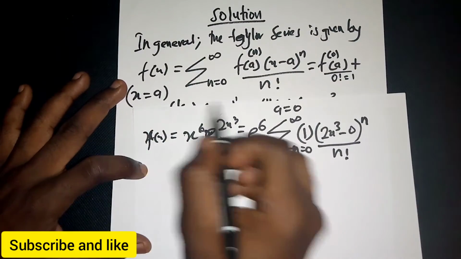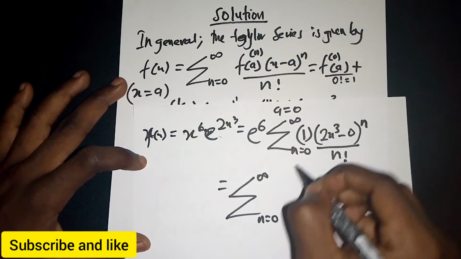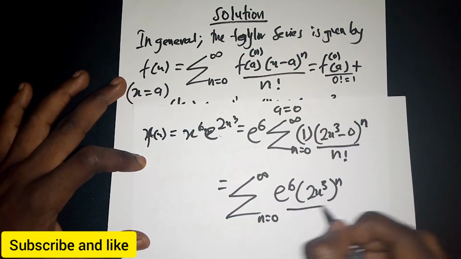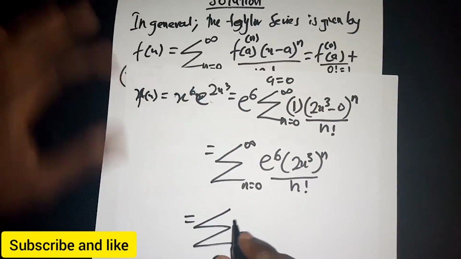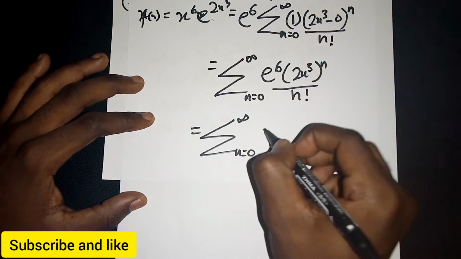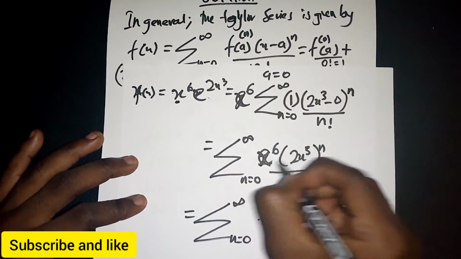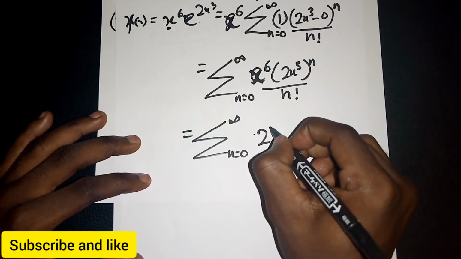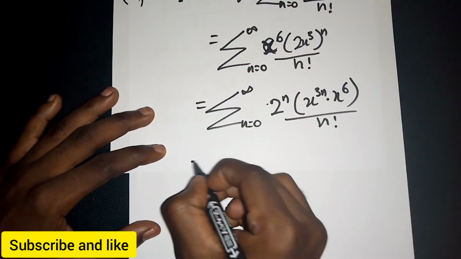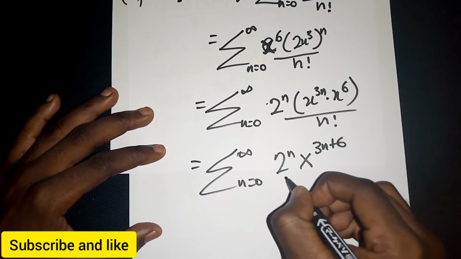So in general, the function in terms of Taylor series is the summation from n equal to 0 to infinity of 2x cube to the power n over n factorial, because 0 goes away. So we can have the summation of 2 to the power n, then x to the power 3n multiplied by x to the power 6, over n factorial. Then finally we can have the summation from n equal to 0 of 2 to the power n, x to the power 3n plus 6, over n factorial.